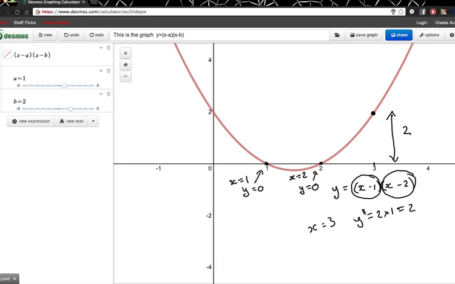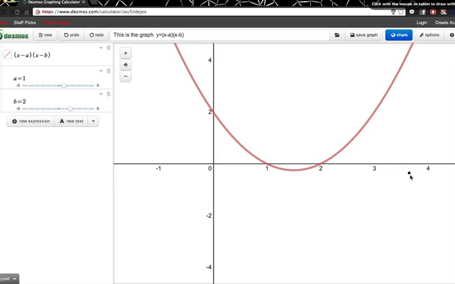Now let me clear that. And let's just put that down. This crossing point corresponds to a factor of x minus 1 being 0. And that appears in the formula for the quadratic.